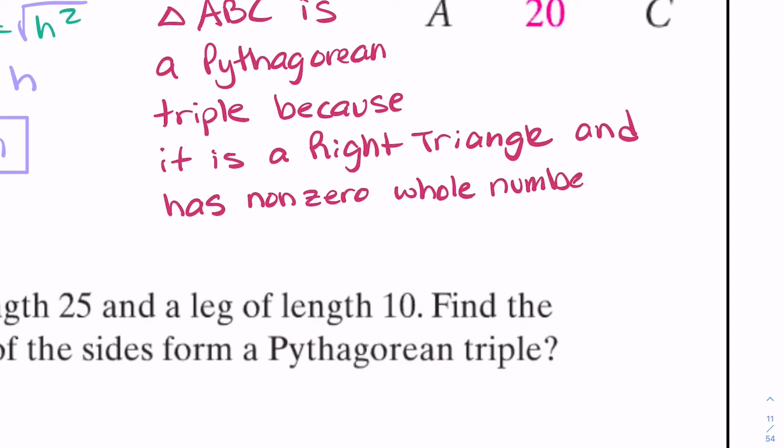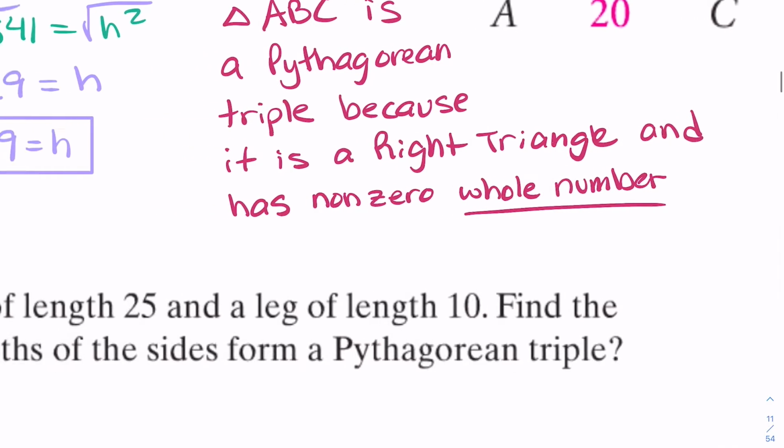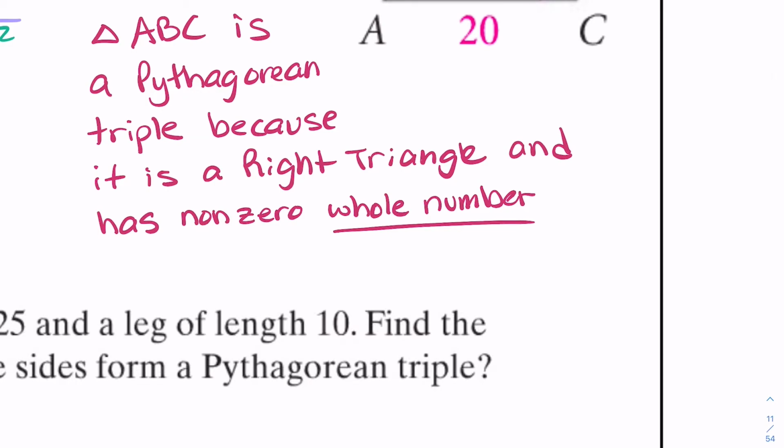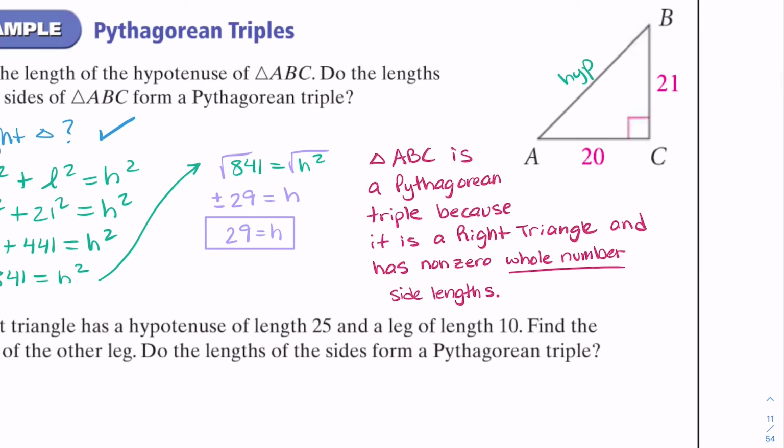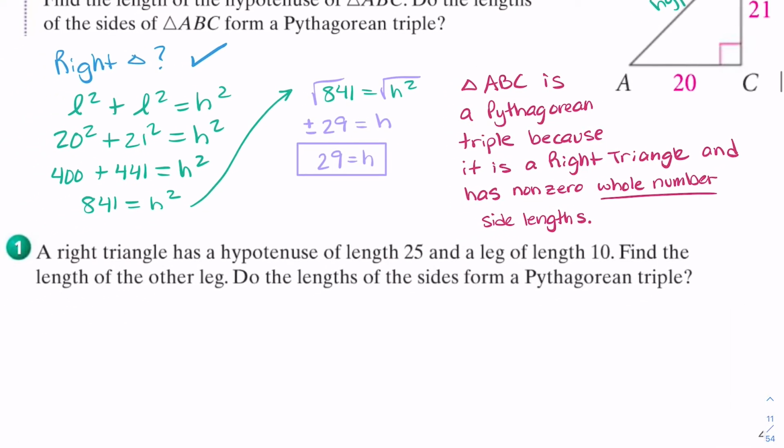Whole number, that's important. It can't be a square root or a decimal. Okay. I'm not going to write that for each one of these. We'll just say yes or no. It's a Pythagorean triple, but I just want you to have that information there.